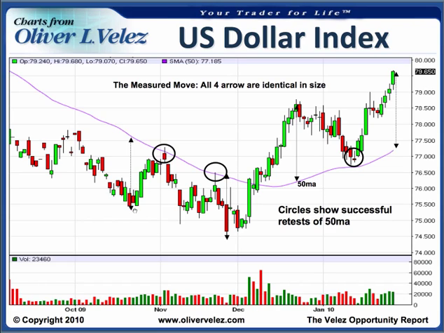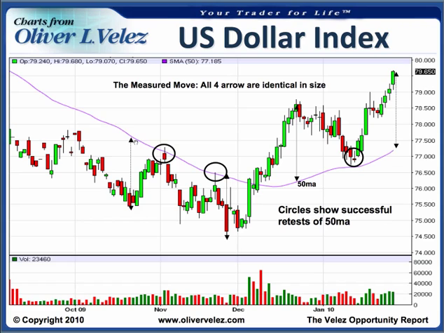We find one such large separation in October. I've marked the separation by an arrow showing you that there's a lot of air or space that materialized between the current price of the dollar index and its key moving average, the 50-period simple moving average.